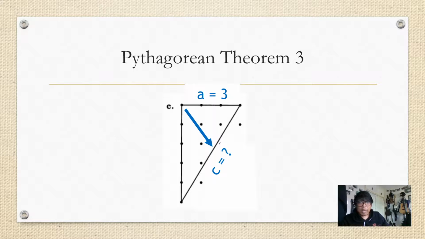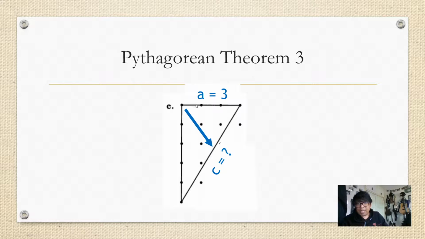That leaves us with A is 3. Again, it doesn't really matter which one you call A and which one B, but I'm going to call that horizontal side A, and that's going to be 3. Now, of course, some of you might be looking and saying, hey, there's 4 dots there. Shouldn't A be 4? And distance is going to be how many spaces there are, not how many dots there are.